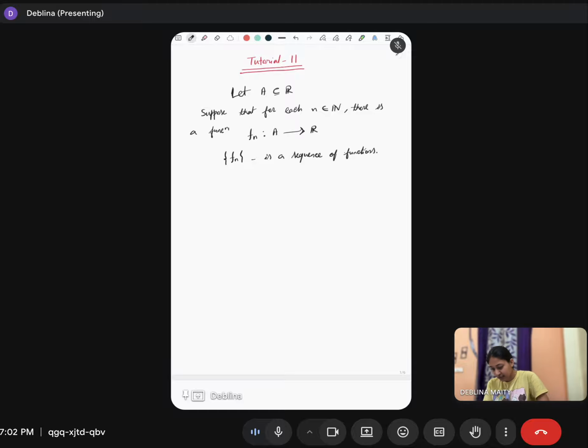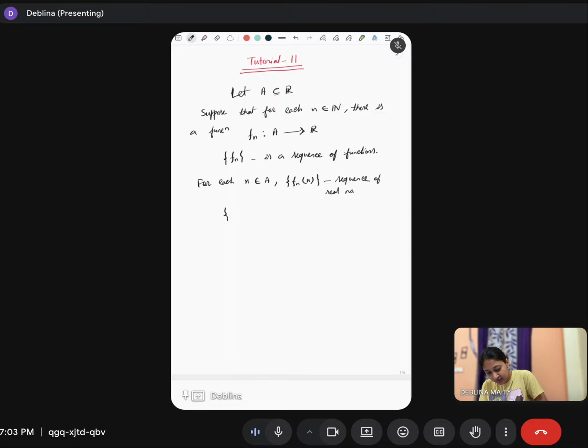So for each x belongs to A, this fn(x) is a sequence of real numbers. Right?